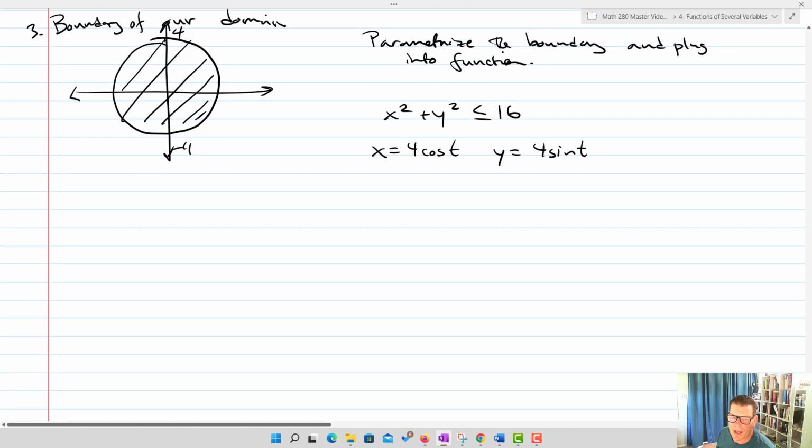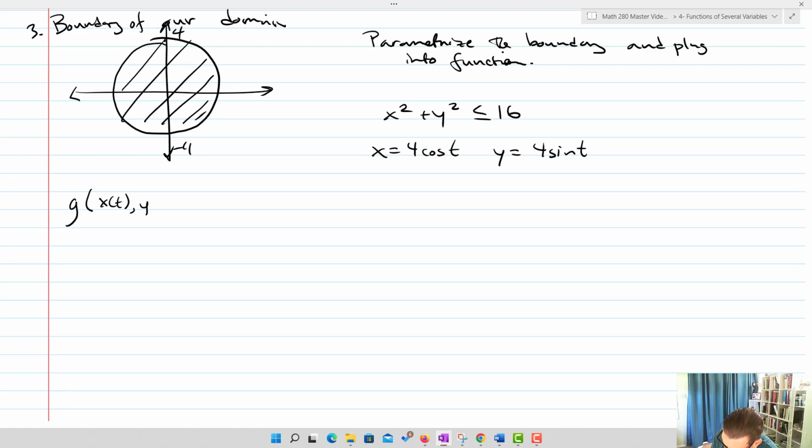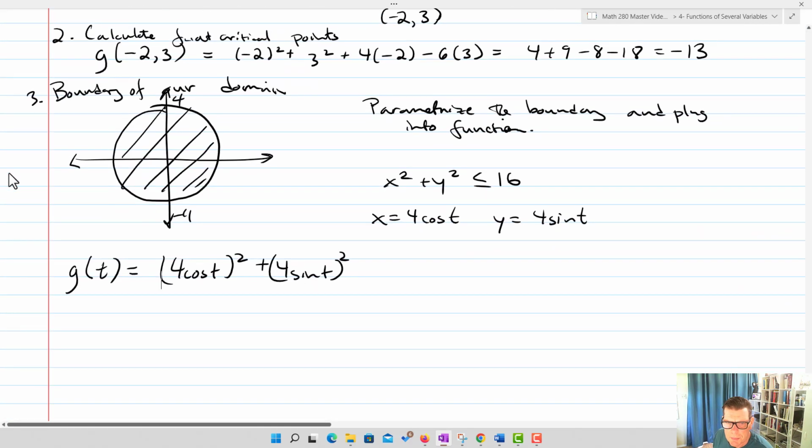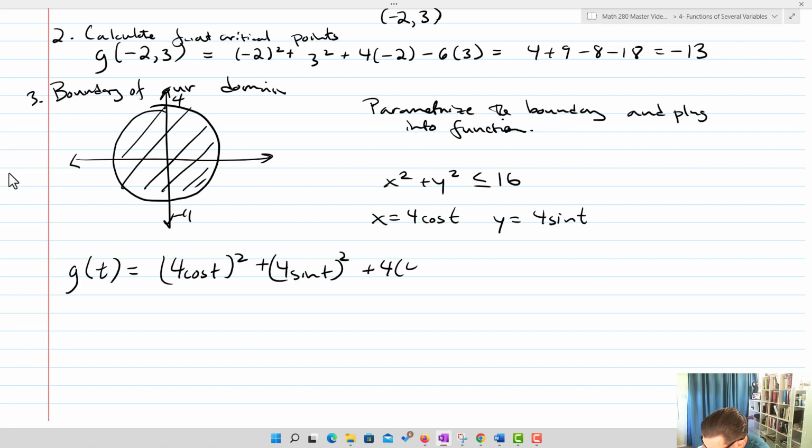Then I'm going to plug that back into my equation. So, if you remember, that means g of x of t, y of t, or we'll just call it g of t, because it's just going to be a single function. g of t is going to equal 4 cosine t squared plus 4 sine t squared plus 4 times 4 cosine t minus 6 times 4 sine t.